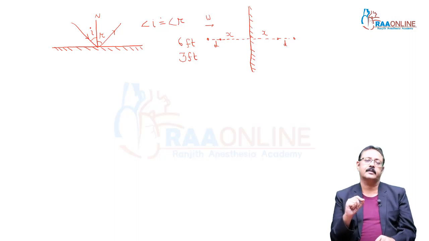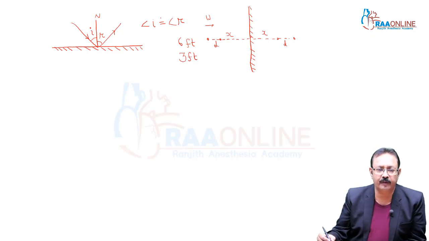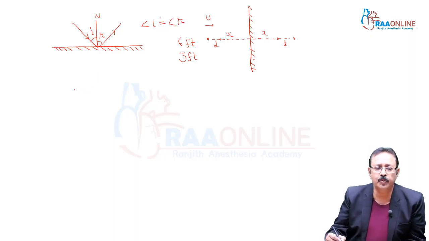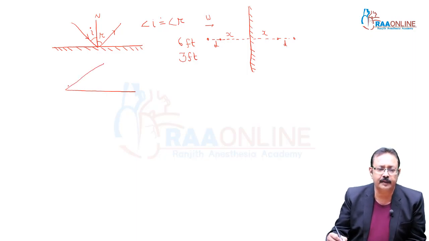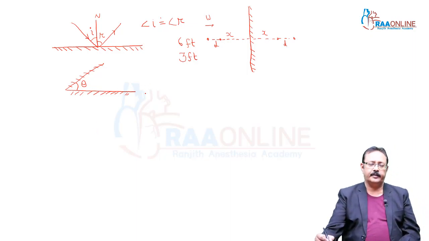Take care of this. Third thing, if you have two mirrors inclined at some angle, say theta, you will find more than one image. How many images will you find?